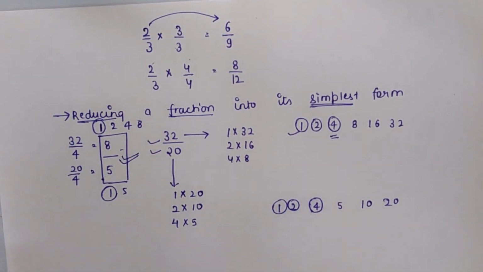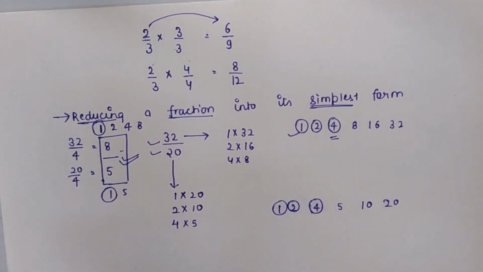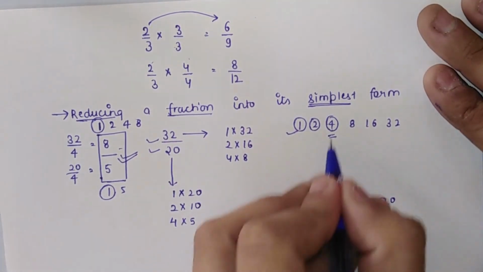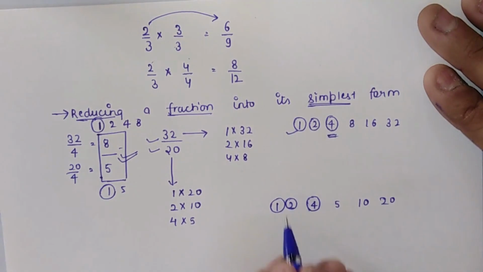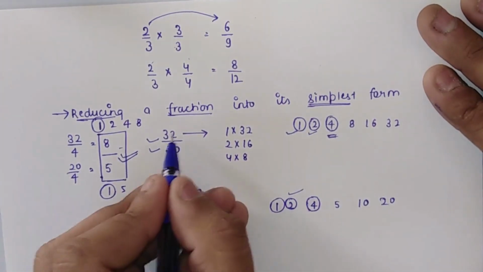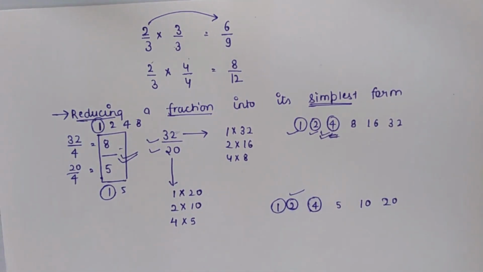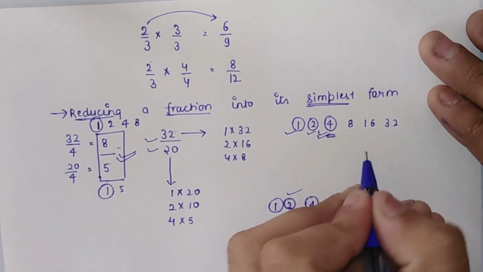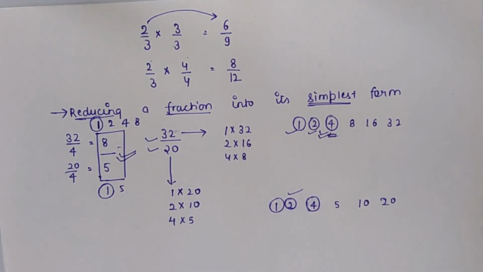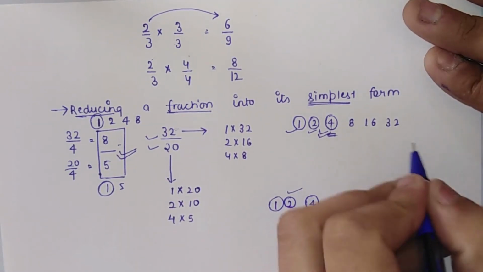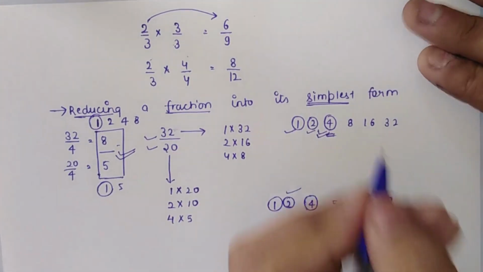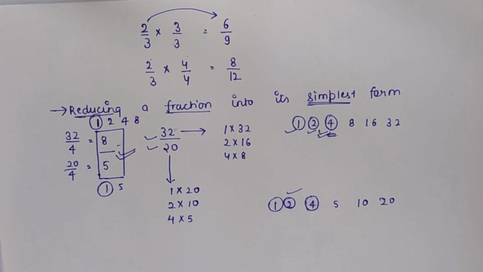In order to find the simplest form of a fraction, we can also see that 4 is the highest common factor here. 2 is also a common factor, and we can divide by 2 if we want, but 4 is the highest common factor, the HCF. So to find the simplest form, we divide the fraction by its HCF. When we divide by the HCF, we directly get the simplest form.